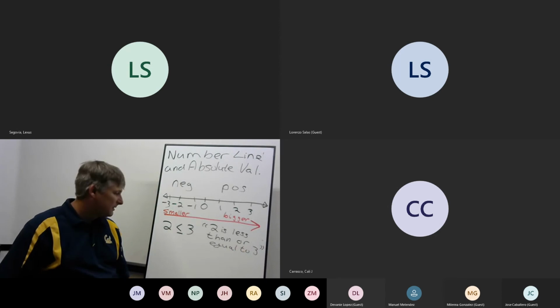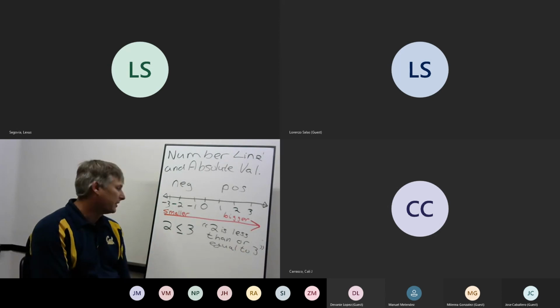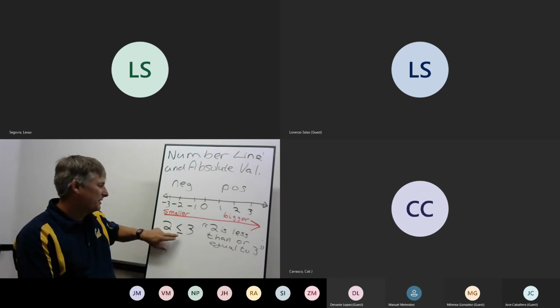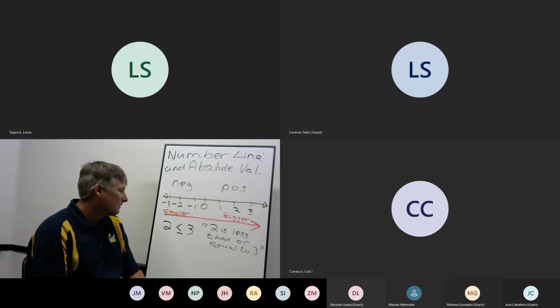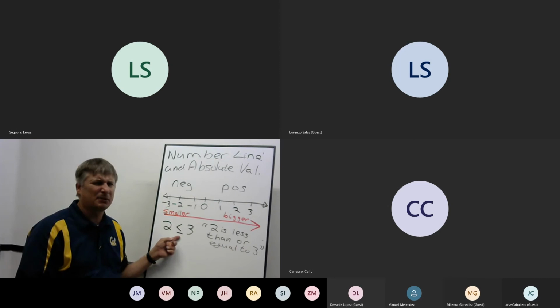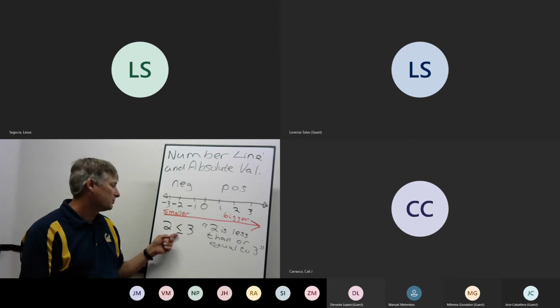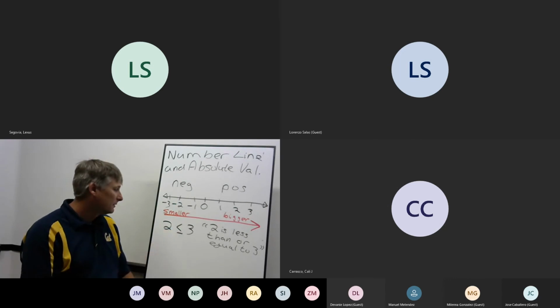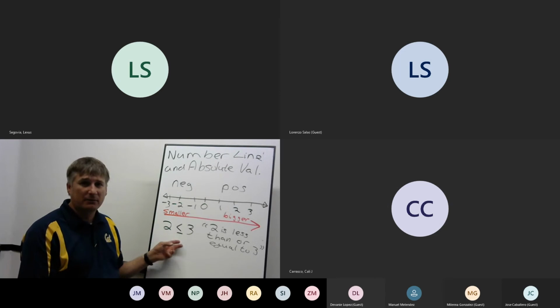Now, this seems a little unnecessary. I mean, why not just say this? Why put this line underneath? This will become more apparent when we start dealing with x. We don't really deal with this until later in this chapter or chapter 2. We'll start putting x in here, and then whether this is here or not, it's going to have a definite meaning, a very important one. But here we're just stating a fact.